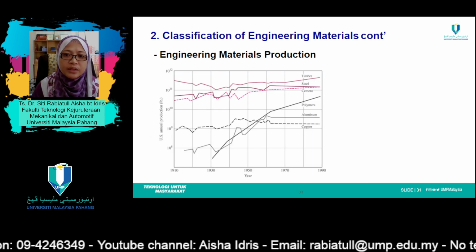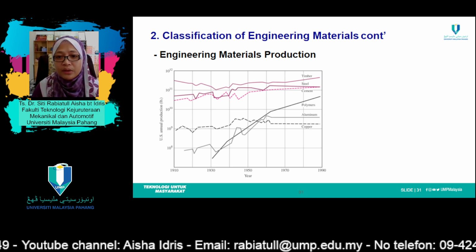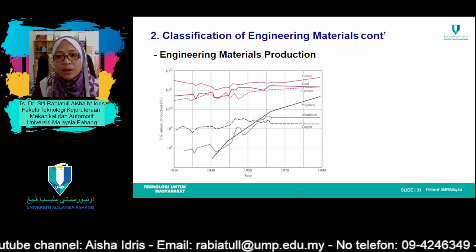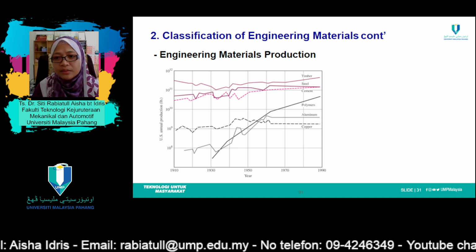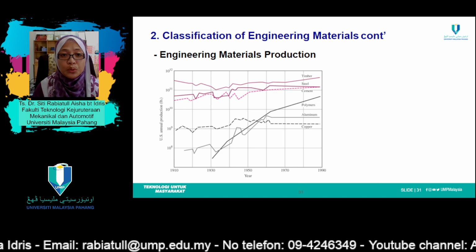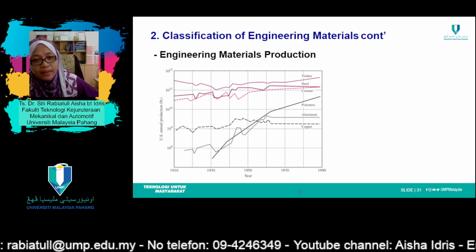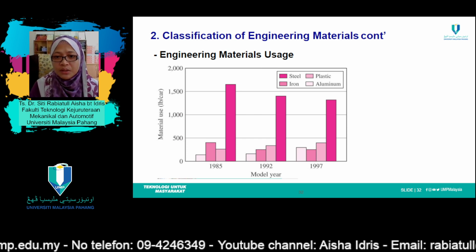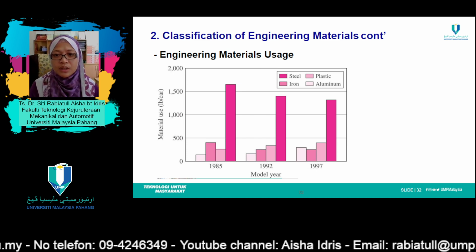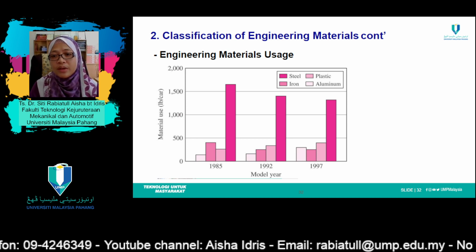This one is material production over the years. If you look here, the one with the highest production was steel. So you can imagine the cost to produce steel over these years. This one is also the same, engineering material usage over the years.